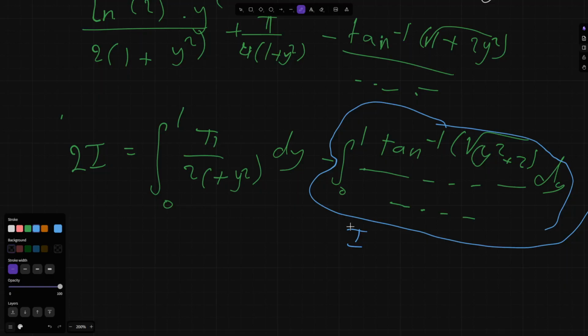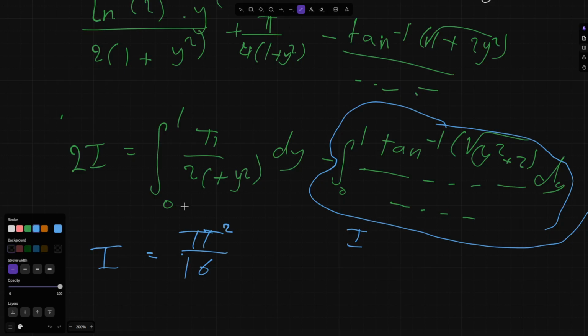relating our integral I to known constants, and like that we can discover that our equation is going to become I equals pi over, pi square after this integration, pi over 16.